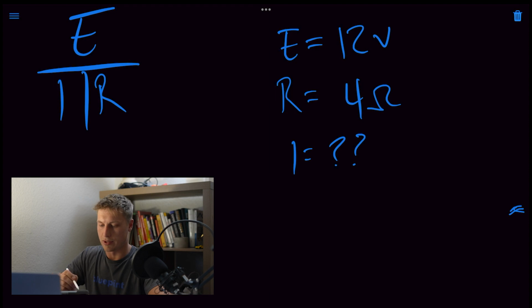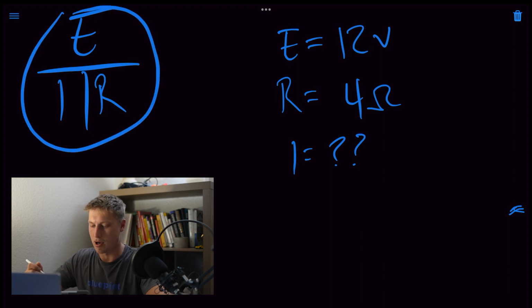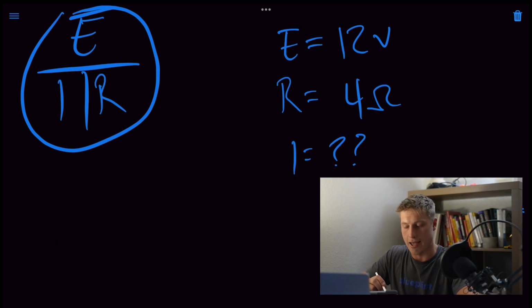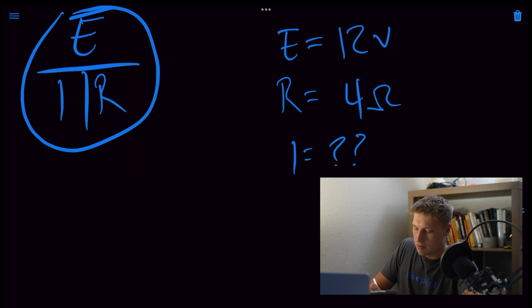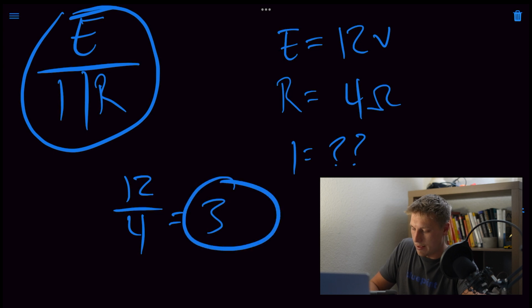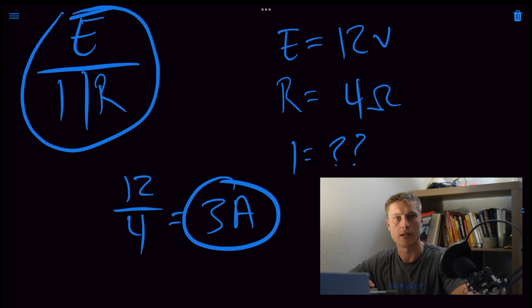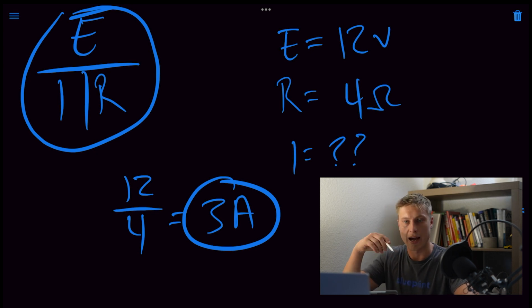Well, we know E equals 12. So E divided by R equals I. So we just do 12 divided by 4 equals 3 amps. So we can use that equation of E over IR to figure out what the missing factor is.